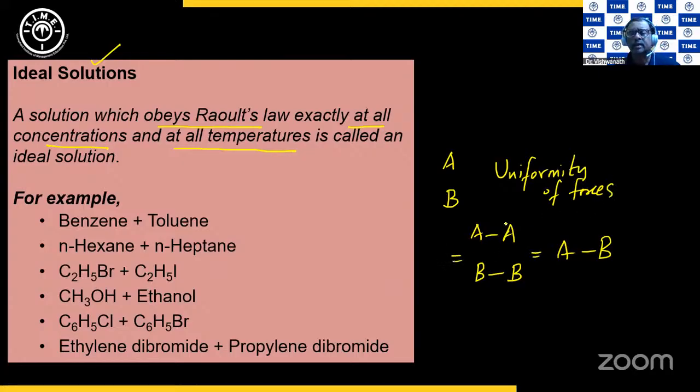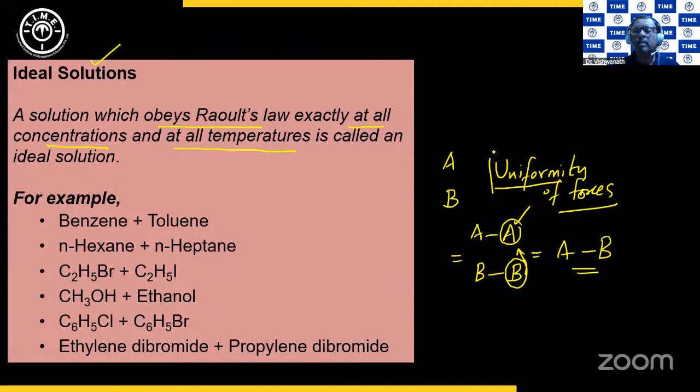So it is as if I remove this A and replace it with B and make AB, there is no difference. A doesn't find any discomfort when a neighboring A is being replaced by B. It doesn't find any difference because all the forces are the same. So whether it is A interacting with A or A interacting with B or B interacting with B or B interacting with A, there is no difference.